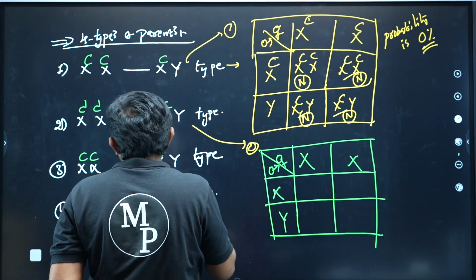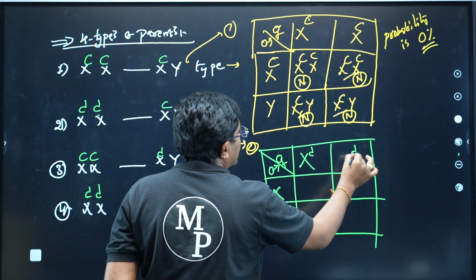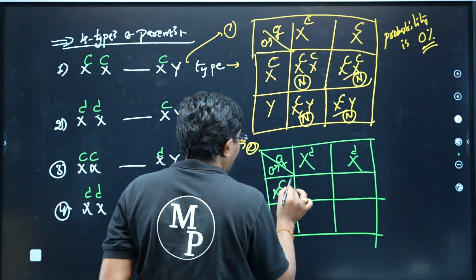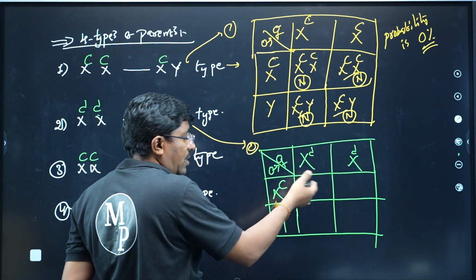Here the female is affected, small c, and the male is unaffected, capital C. Now you can cross it.